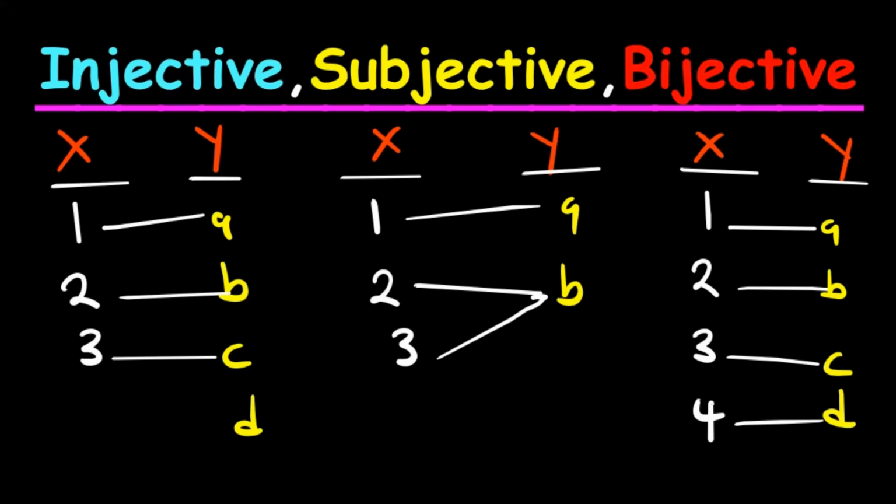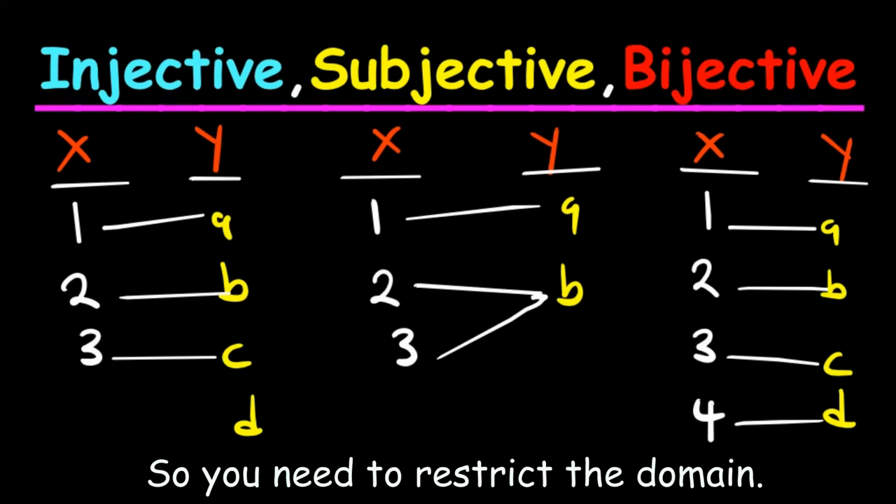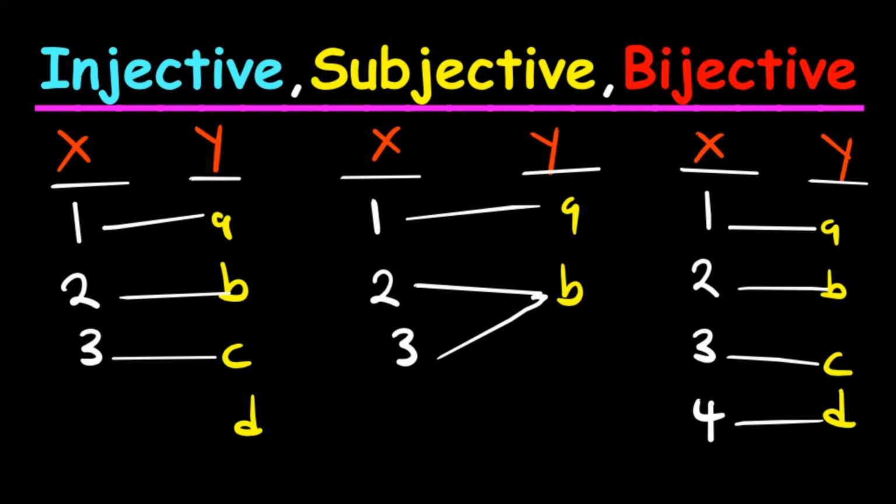For example, if we square the x values, they're giving us one y value. So you need to restrict the domain, and we're going to talk about quadratic functions in this same video.